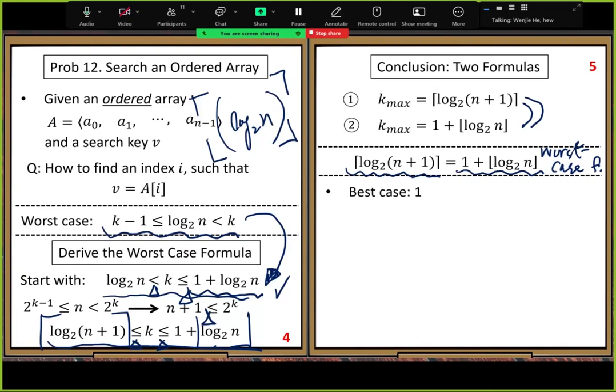If you ask IT people, they may not know the binary search, right? But if we talk about computer science people, those people should know the binary search, right?